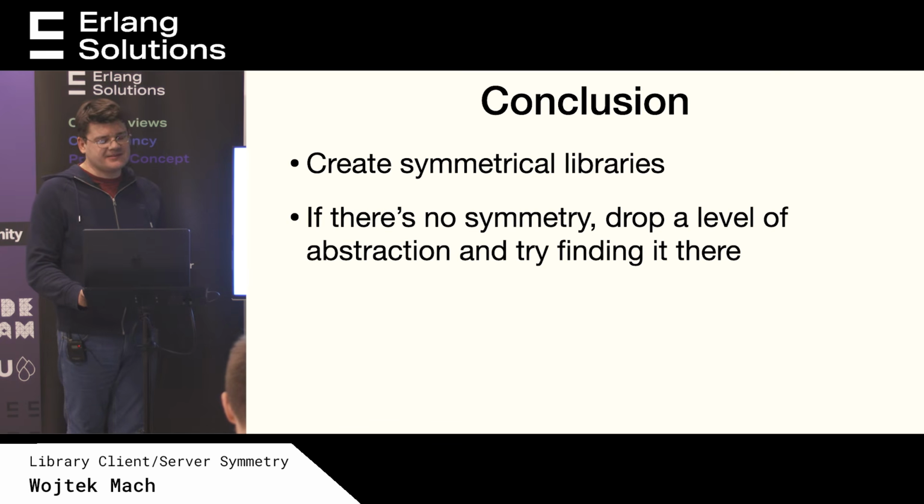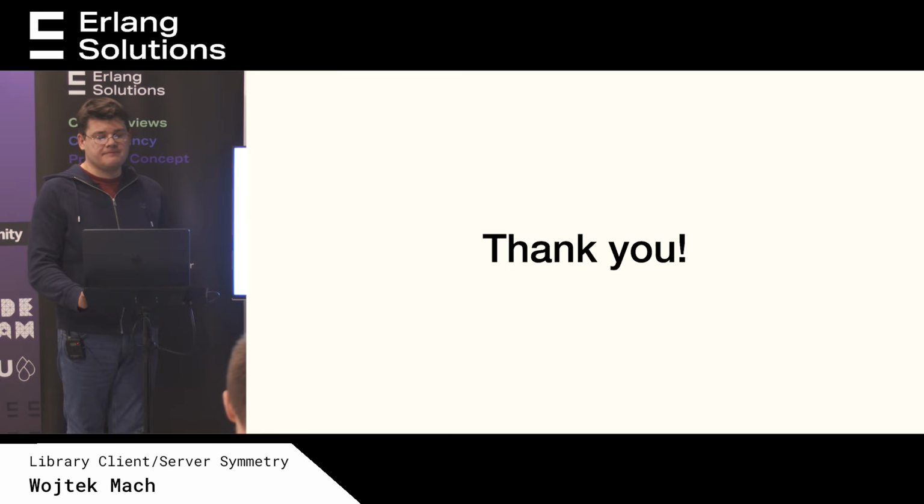So kind of pick your battles. And maybe there are some different considerations for one or the other. Maybe there is no obvious symmetry. So I think what we can do is try to drop down a level of abstraction and try to find symmetry there. And that's it.